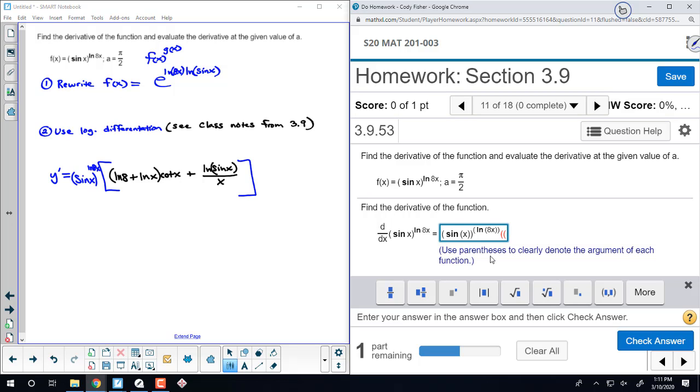There's going to be a lot of parentheses. It's just really tedious. Cotangent x plus ln sine x over x.